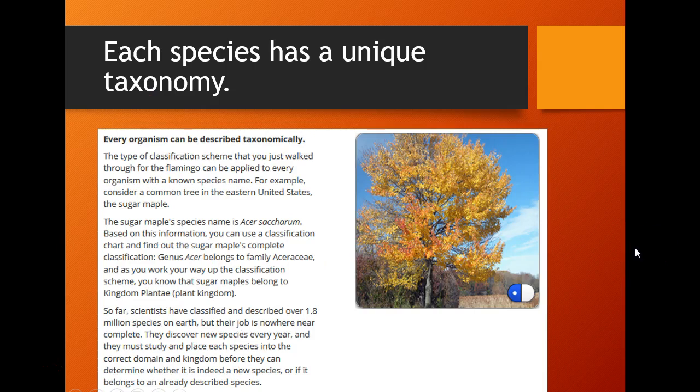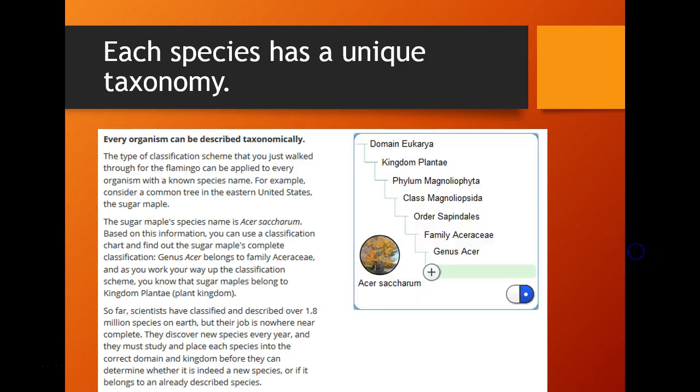So that classification scheme that we saw with the flamingo can really be used in any example. It can also be used for this sugar maple tree that we also looked at in the previous lesson. We see that just in the same way, it's found in the eukarya domain, just like the flamingo. However, the kingdom is different.